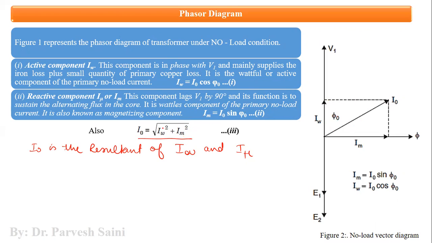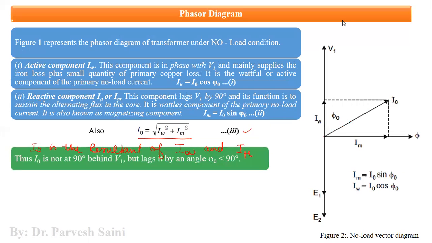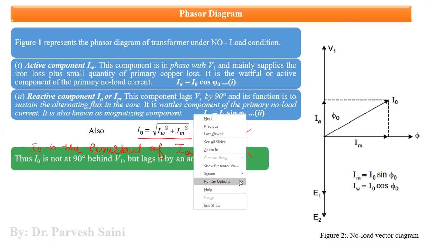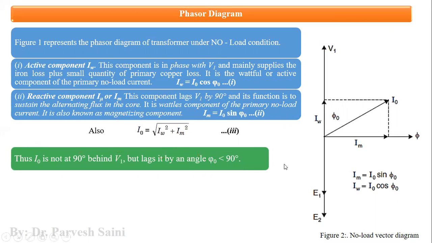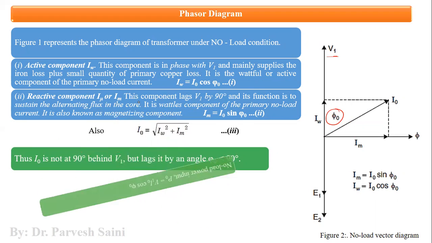By using that law, you get I naught as the square root of Iw squared plus Im squared. Now I naught and V1 have a phase difference, which is the no load phase difference, right?